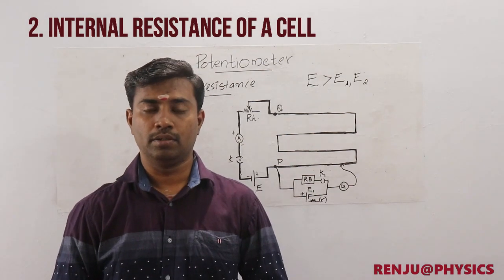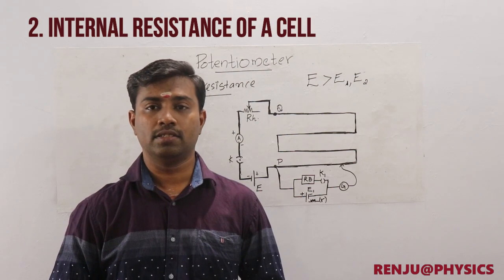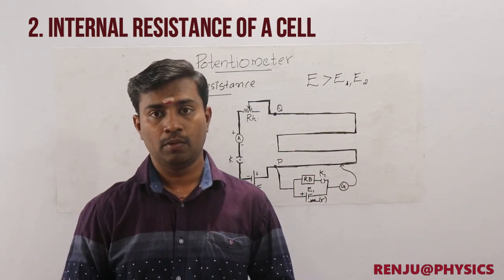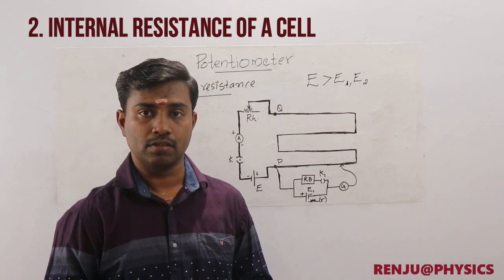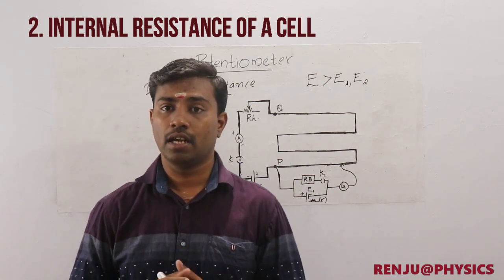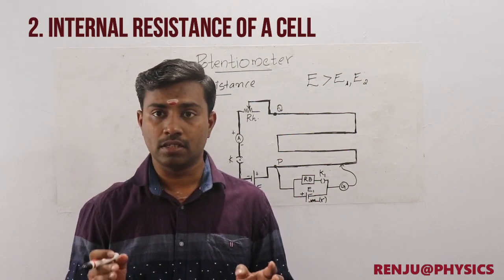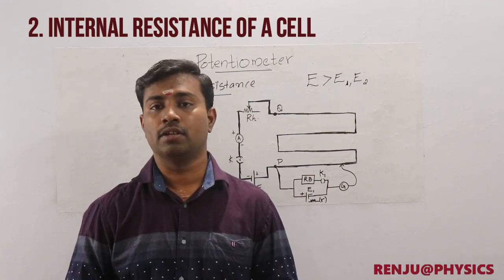Now we are going to discuss how we can measure the internal resistance by using a potentiometer. We all know about internal resistance: it is the resistance offered by a cell when a current is passed through the electrolyte.